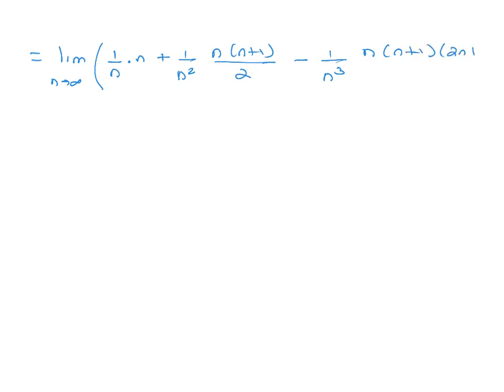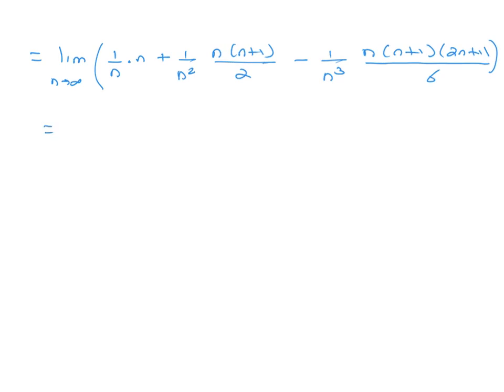We have that this is the limit as n approaches infinity of 1 over n times n, plus 1 over n squared times n plus 1 all over 2, minus 1 over n cubed times n plus 1 times 2n plus 1 all over 6.